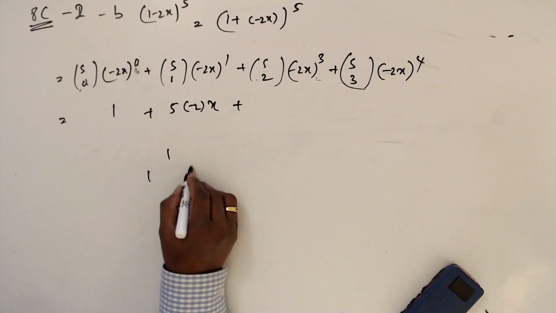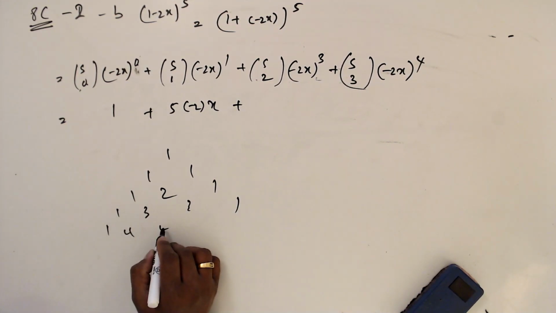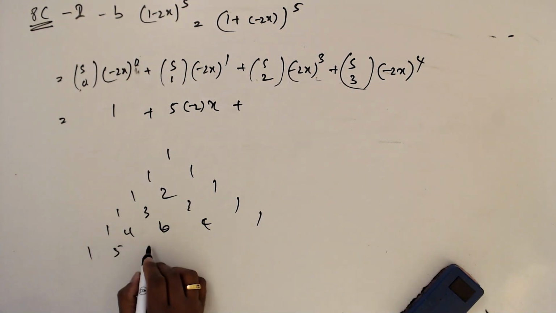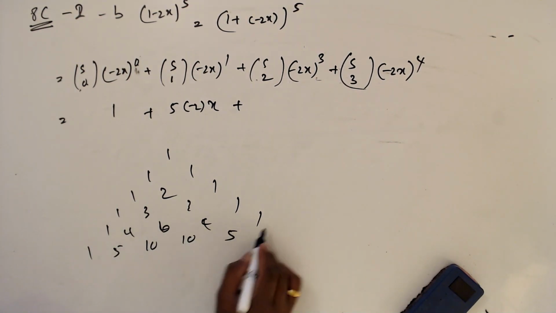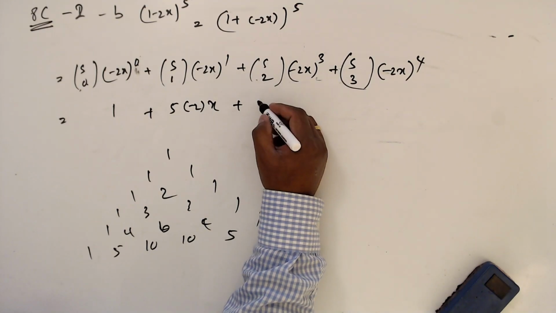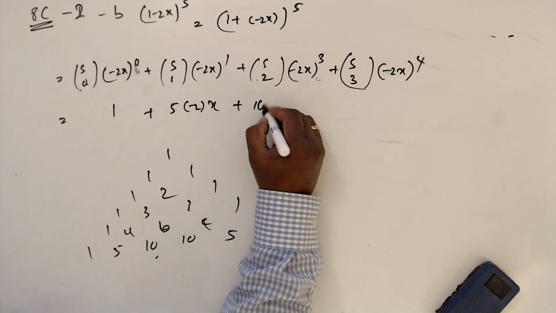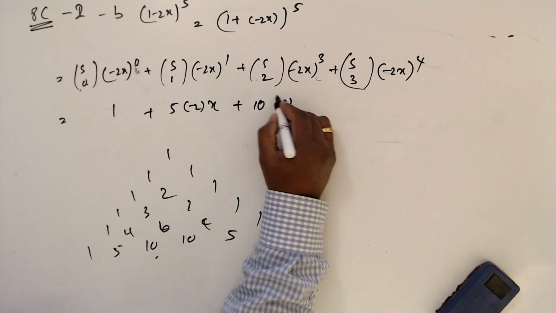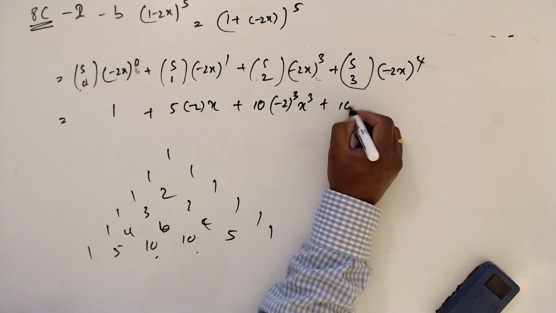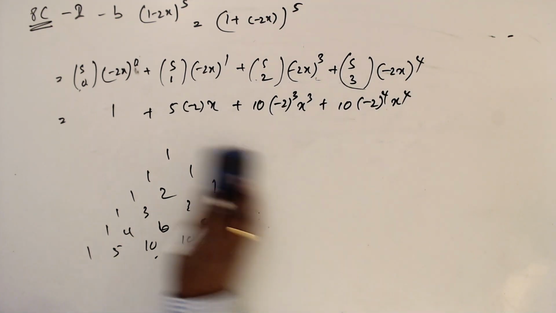Pascal's triangle: 1 1, 1 2 1, 1 3 3 1, 1 4 6 4 1, 1 5 10 10 5 1. So 5C2 means 10, and minus 2 cubed x cubed and this is again 10 minus 2 to the 4 x to the 4.